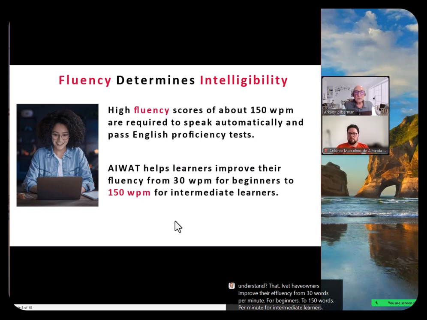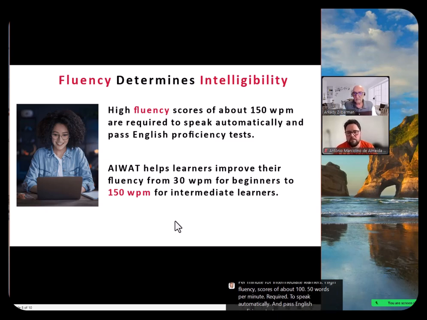High fluency scores of about 150 words per minute are required to speak automatically and pass English proficiency tests. This 500% increase in fluency is possible only by training the subconscious mind. You cannot do it consciously.